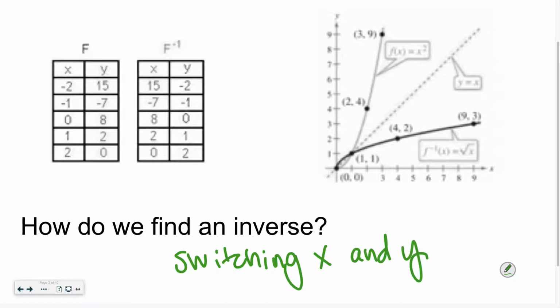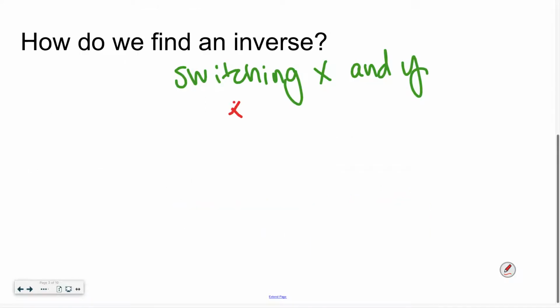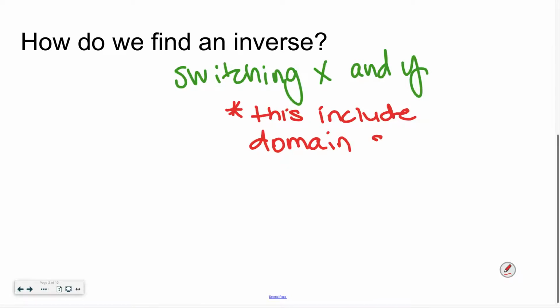Now, something that you probably didn't talk about, or maybe you just grazed over in Algebra 2, but this does include domain and range. Okay, so that's something you maybe want to take note of. Whatever our domain is for our function, it will become the range of our inverse.